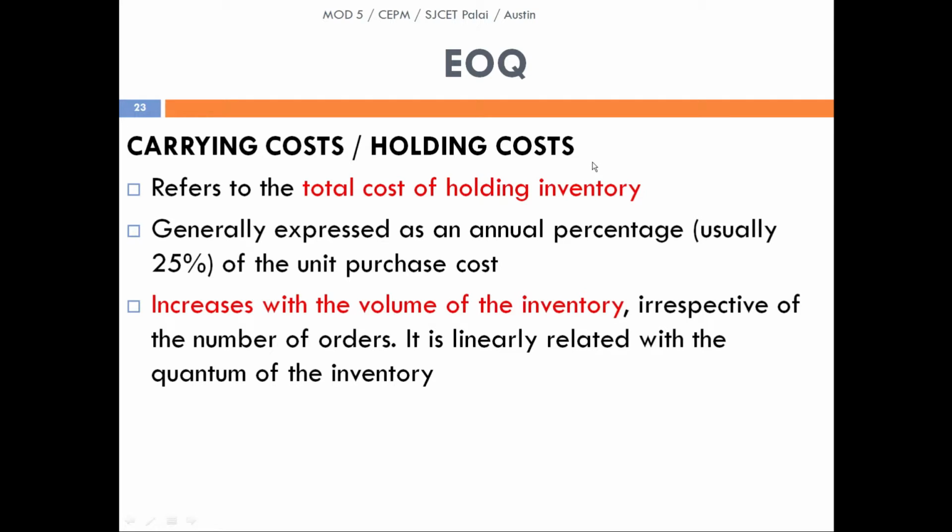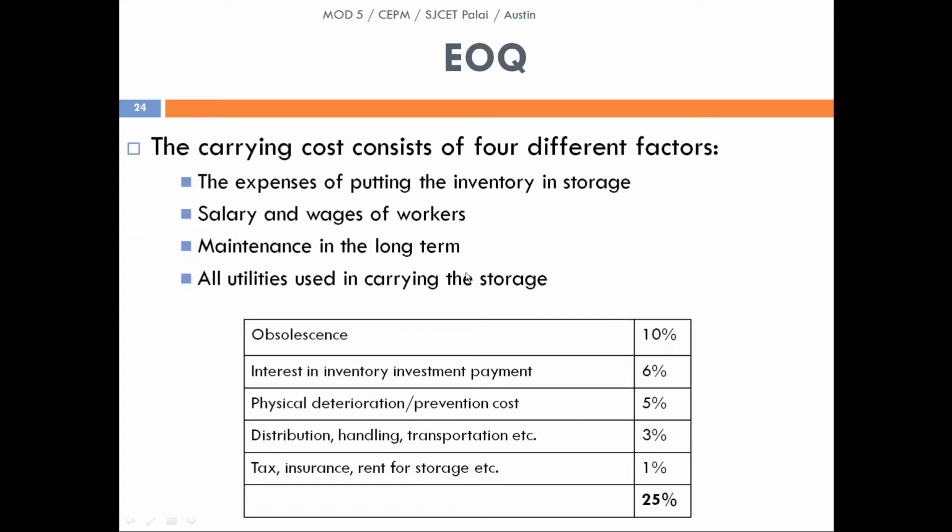Like we have seen for the ordering cost, there are different costs that come under the carrying cost, which is around 25% of the unit purchase cost. And this involves the expenses of putting the inventory in storage, the salary and wages of the workers who are doing the storage activities, maintenance for a long period of time, and all utilities used in carrying the storage.